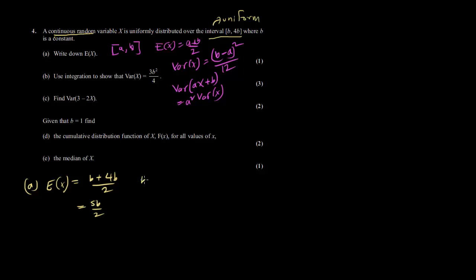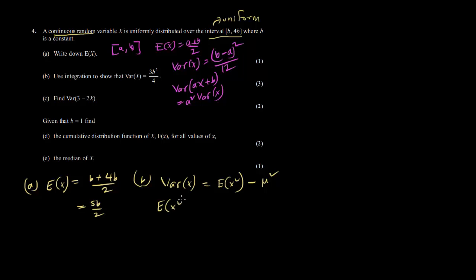Question number b. Now we cannot use the formula here, we have to use integration. So when we do integration, the variance equals E of x squared minus mean squared.